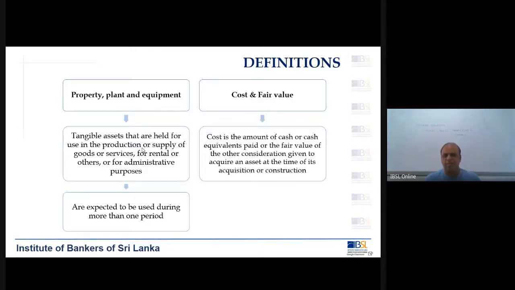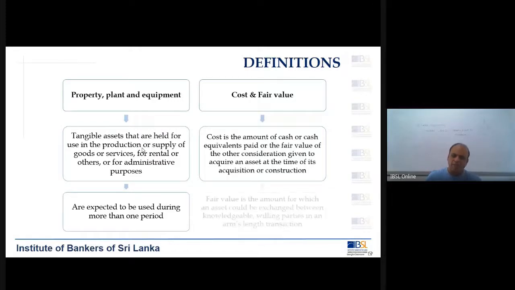So the term cost is relevant where you might acquire an asset, that is you go and pay and buy an asset directly. Or secondly, you can construct. In the case of a building, that is how it happens. So step by step, you start constructing your asset. Anything that you pay in relation to the construction of the asset is going to be your cost.